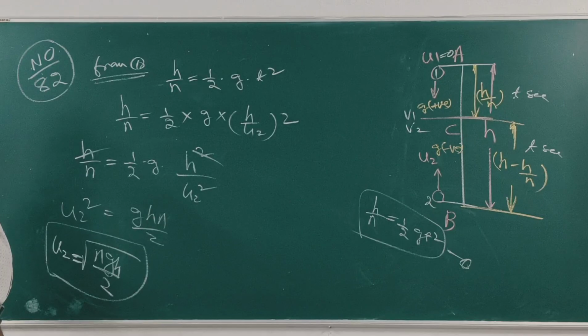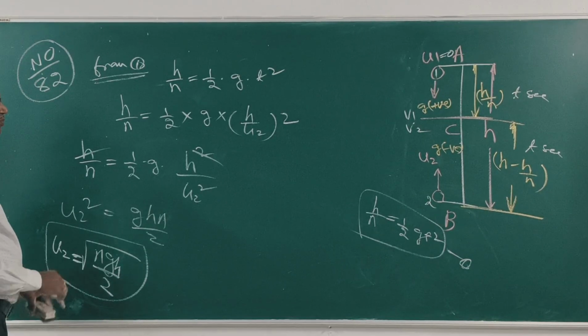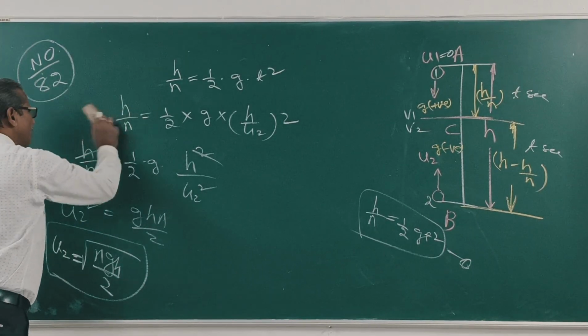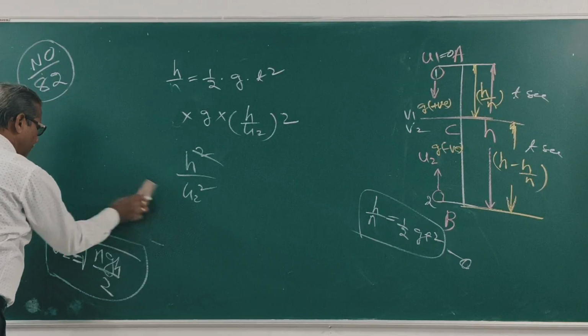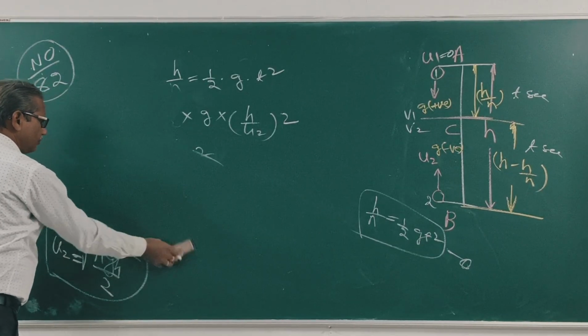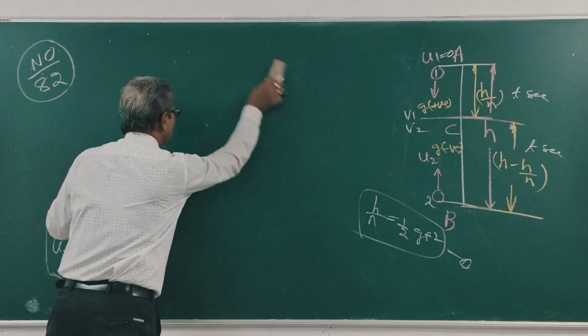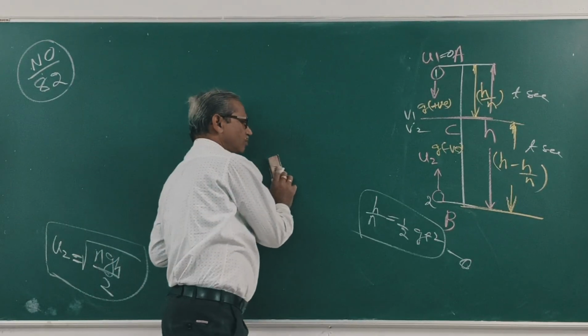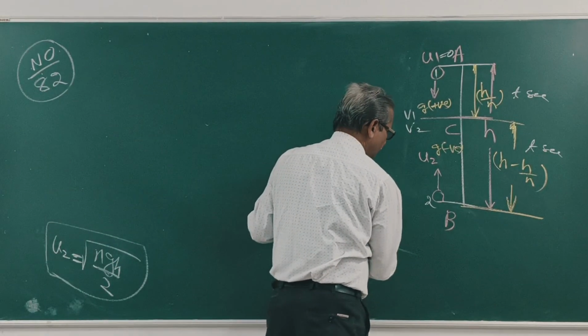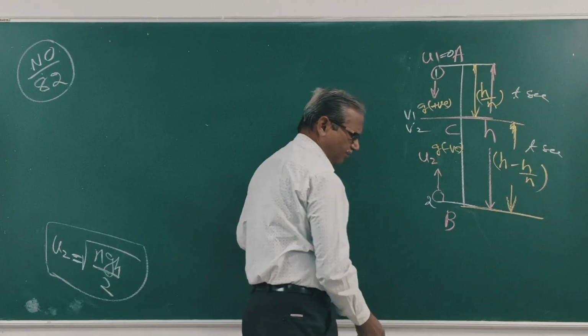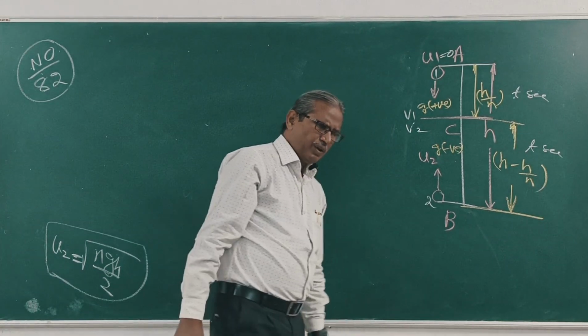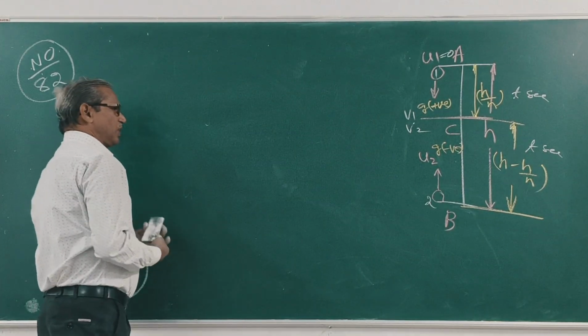Now the second answer: what is the ratio of v1 by v2? Now find v1 by v2. So first find v1.